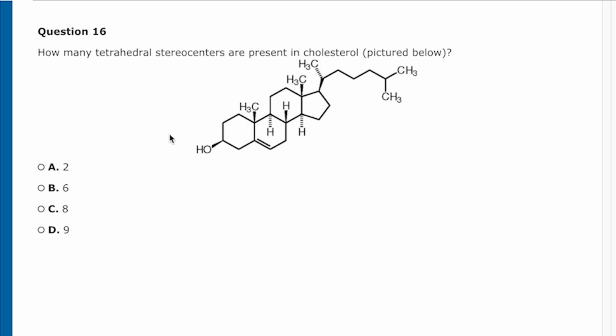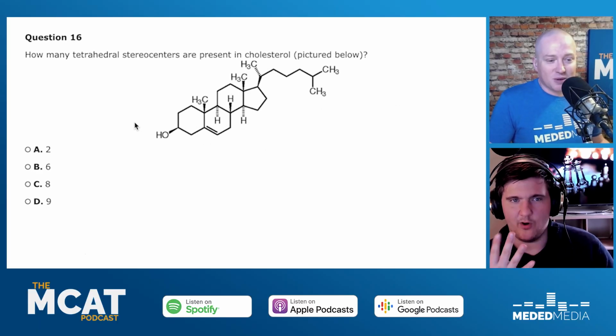So I have no remembrance of what a tetrahedral stereocenter is. If I try to break down the actual language, what's tetra? Is that 4 or 6? I forget. It's 4, yeah.